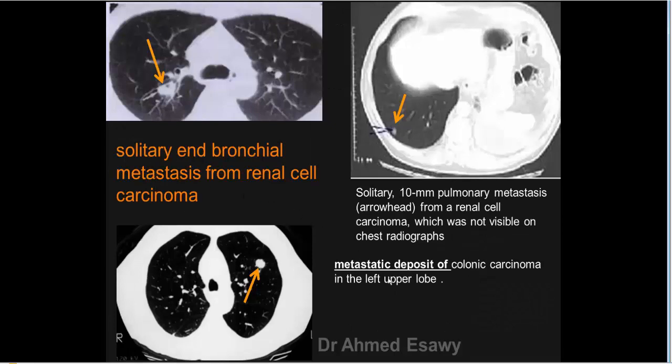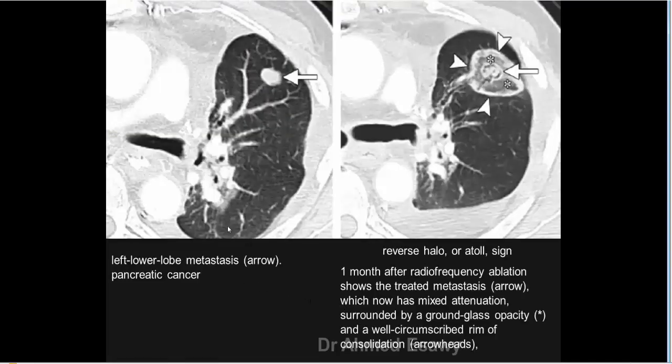Small endobronchial metastasis from renal cell carcinoma; a solitary 10 mm pulmonary metastasis from renal cell carcinoma, not seen on chest X-ray. Metastatic deposit of colonic carcinoma, left lower lobe metastasis from pancreatic cancer, with reverse halo or atoll sign.